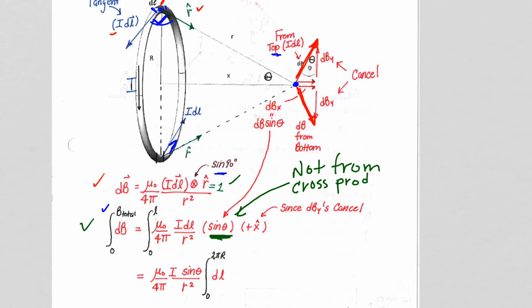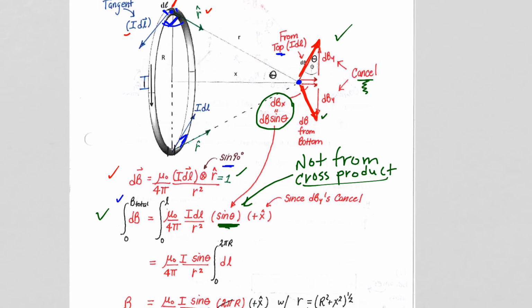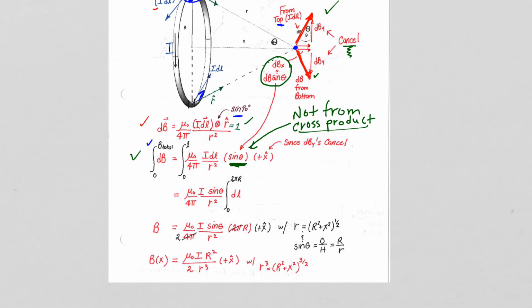Please make sure you get that into your notes. That sine theta comes from the fact that we're only left with the x component of the entire B field from the IDL because the y components cancel out. So again, make sure you have a complete annotation into your notes to show that the By's cancel out and we're only left with the Bx's, and then everything kind of falls into place.